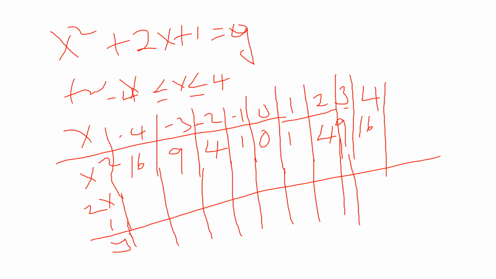Then we have negative 8 here, negative 6 because of 2 multiplied by negative 3, negative 4, and then we also have negative 2, 0, then 2, 4, 6, and 8. Then the constant c, remember, is not affected by x, so it is 1, 1, 1, 1, 1, 1, 1, 1, and 1. And then we can add them.